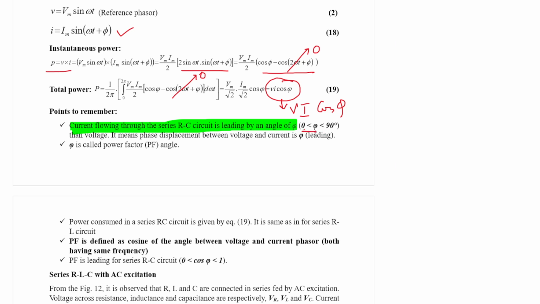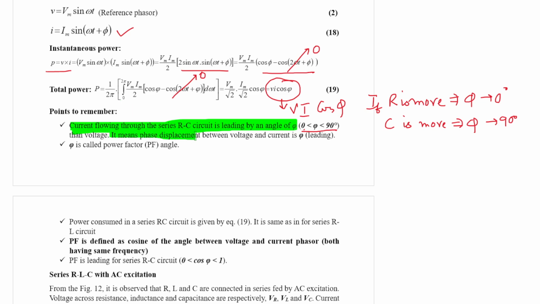It can take any value between 0 to 90 degrees depending on the values of R and C. If R is more, phi is most likely to be tilted towards 0 degrees. If C is more, phi is most likely to be tilted towards 90 degrees. That is the difference.